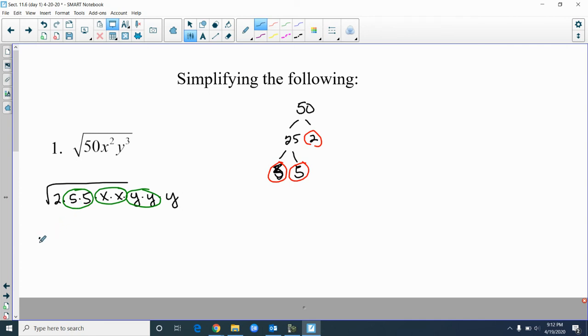I got a pair of 5s, so 1 5 goes out there. Pair of x's means I get 1 x. Pair of y's, 1 y. Anything left multiplies together. Well, I got a 2 left and a y left. Make it 2y. So square root of 50x squared y cubed reduces to 5xy square root of 2y.